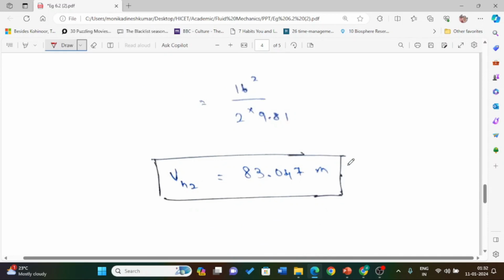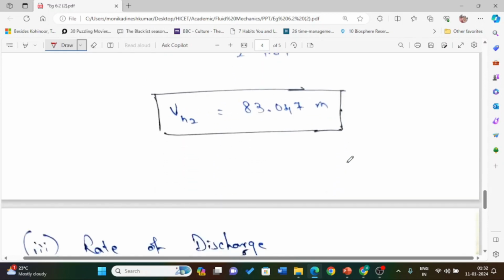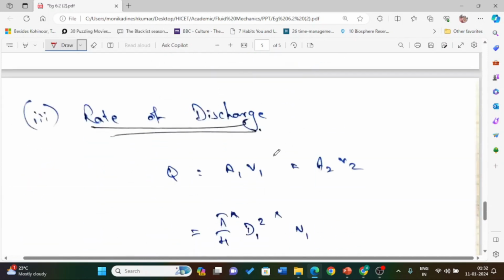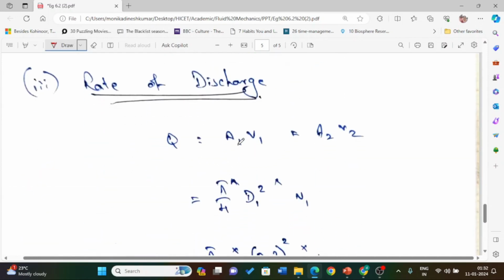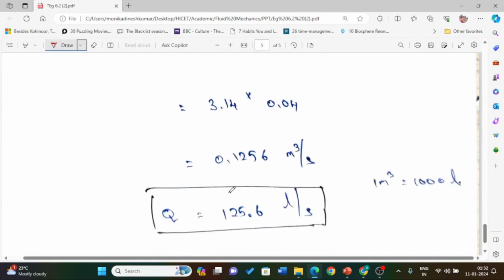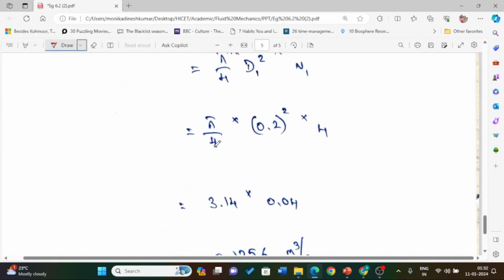So this is the problem that we are trying to see here. And we needed to find out the rate of discharge also. We already know that Q equal to A1 V1 equal to A2 V2. We know the values of A1 and V1, so we directly substitute those values. That is pi divided by 4 into 0.2 the whole square into 4, that is 3.14 multiplied with 0.04.